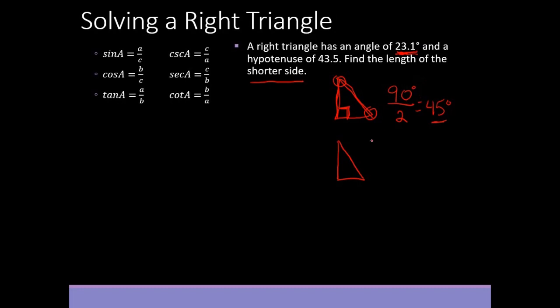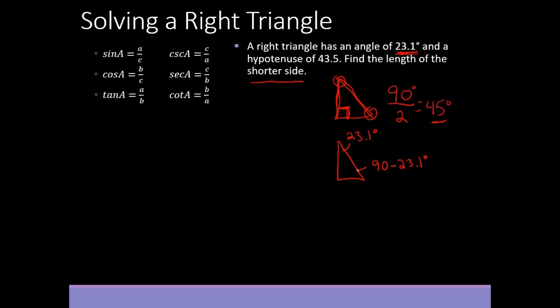Does that make sense? So what that's telling us is that the smaller angle is 23.1 degrees, and the other one has to be 90 minus 23.1 degrees. But it's not asking us for that other angle. It's asking us for the length of the shorter side.